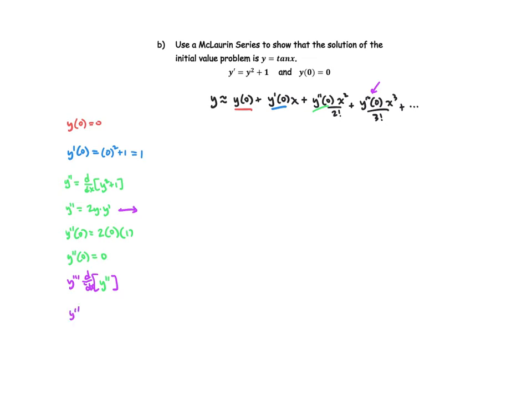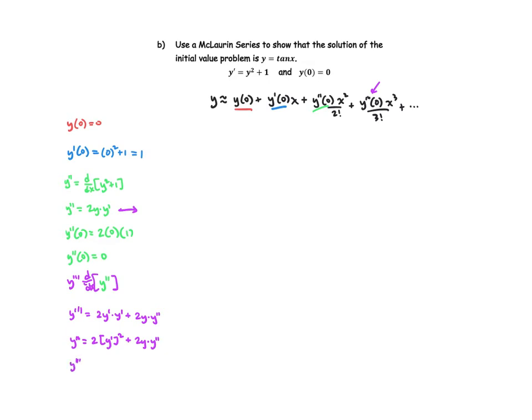So y triple prime will equal, and of course, I'll use the product rule here. So this would be 2y prime times y prime plus 2y times y double prime. Interesting. Okay, so y triple prime will be equal to 2y prime squared plus 2y times y double prime.